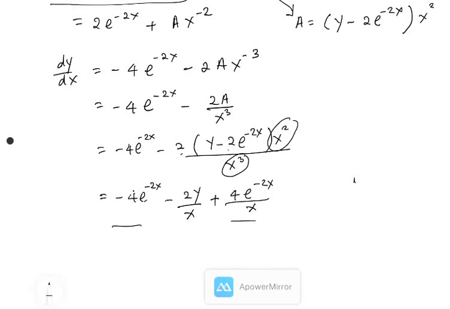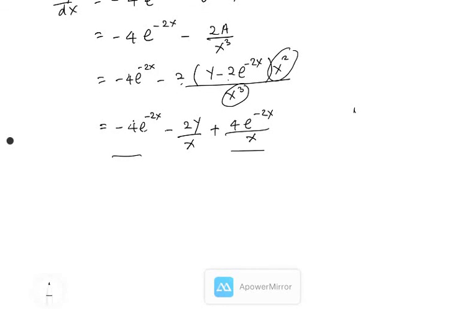So now you can take out the variable. That is equivalent to negative 4 exponent negative 2x.